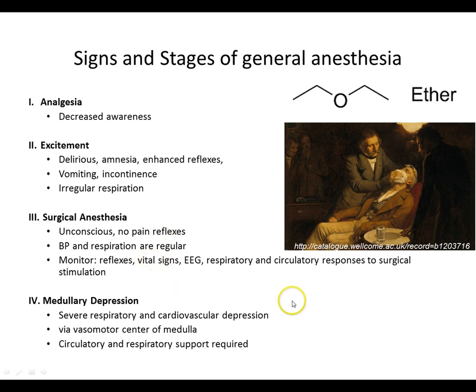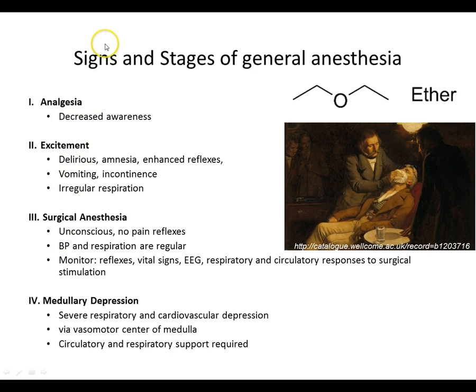If patients go deeper into the anesthetized state, this is where you would experience severe respiratory and cardiovascular depression. This happens by inhibiting the vasomotor center of the medulla, and so circulatory and respiratory support would be required. So the underlying goal of initiating general anesthesia is to get down to the surgical anesthetic state very rapidly so that this excited state is minimized.